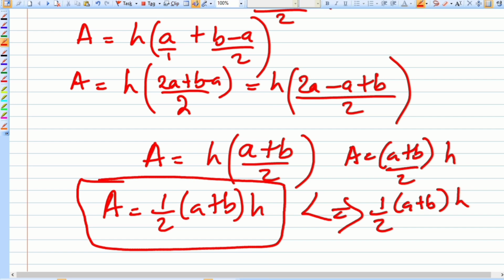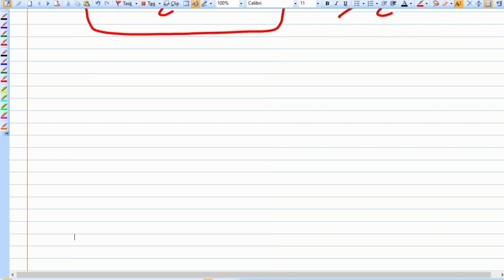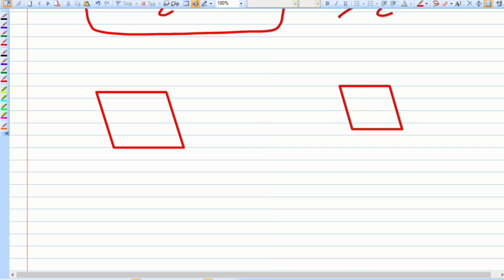So what about the area of a parallelogram and a rhombus here? Just like perimeter, the area of a parallelogram is the same as the area of a rectangle, while that of a rhombus, I'm just going to represent the shapes.